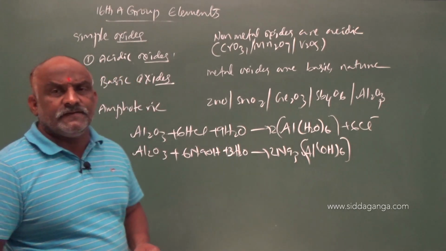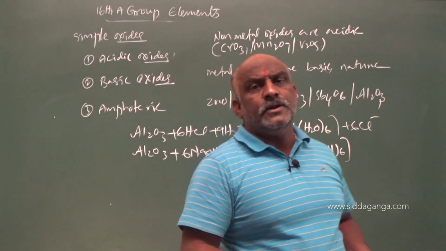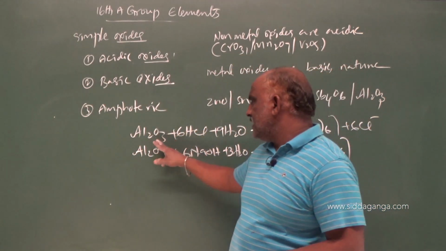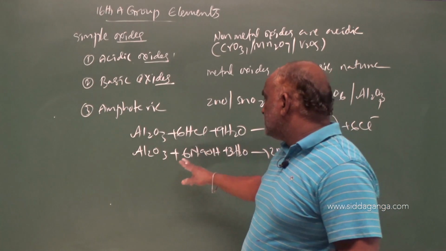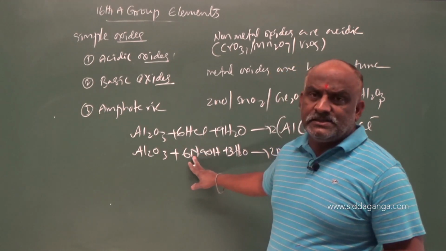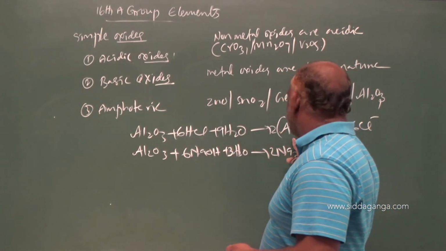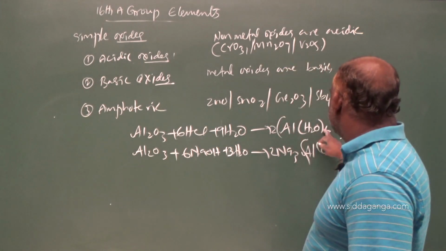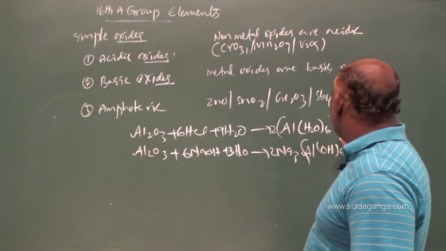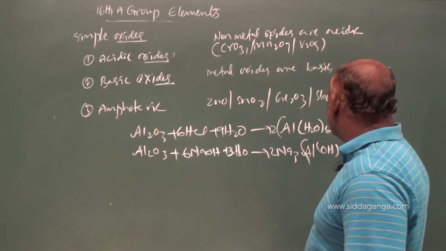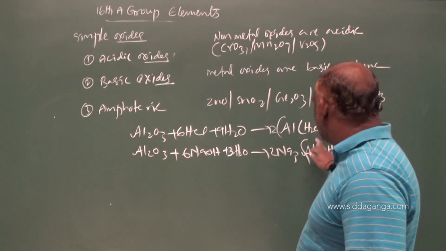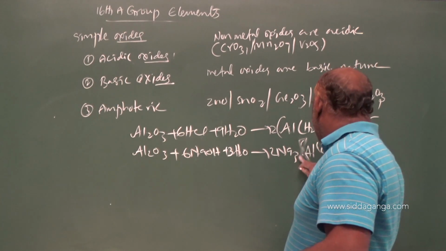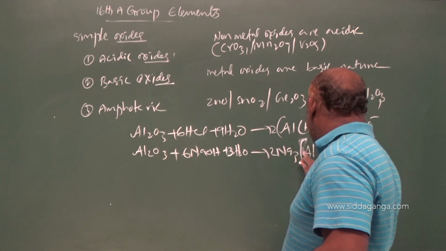See these two reactions. Aluminum oxide reacts with acid, and aluminum oxide reacts with base, to give salts. In the textbook it was given as [Al(H2O)6]Cl3. These are said to be complex compounds, my dear students.